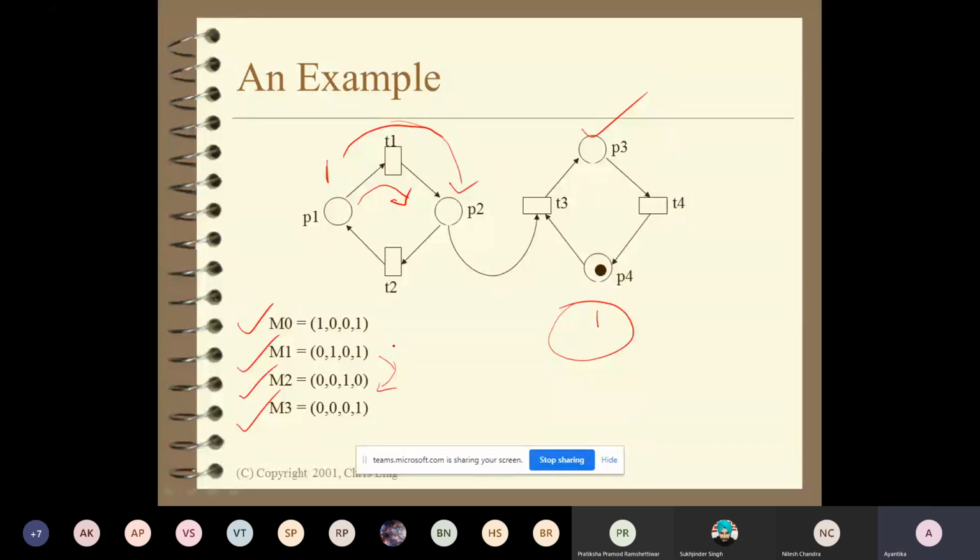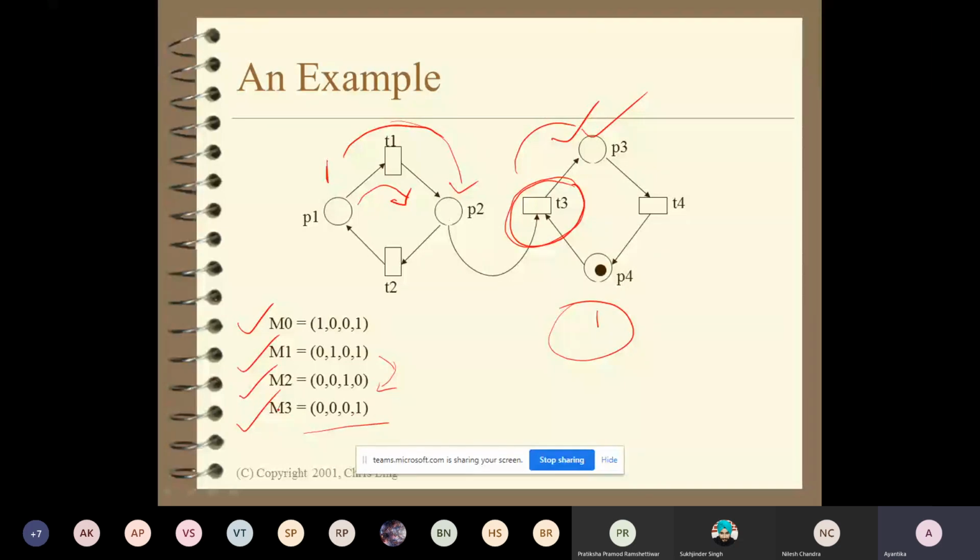Now, that indicates that when you are considering this event T3, you should have some tokens or state transitions from P2 as well as P4, right? Then you have input in P3 and the rest are 0. P1, P2, P4 are all 0. That means for this T3 event to occur, you need to have input from places P2 and P4. Now this is the situation. You have reached up to 0, 0, 1, 0.